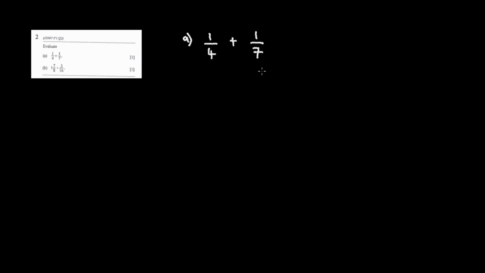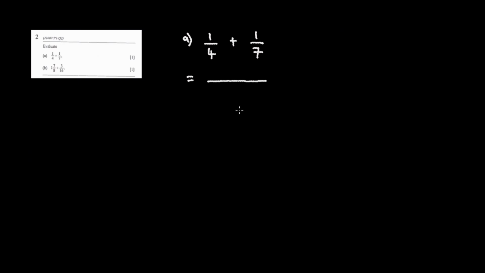There are many methods of going about this, but I'm mainly going to show you two methods. The first method is the conventional or the traditional method, which we use to answer this question. What we need when we are adding fractions, we need what we refer to as a common denominator.